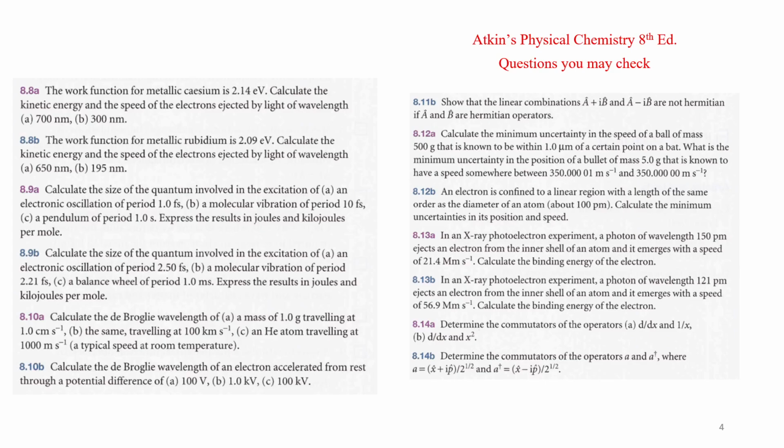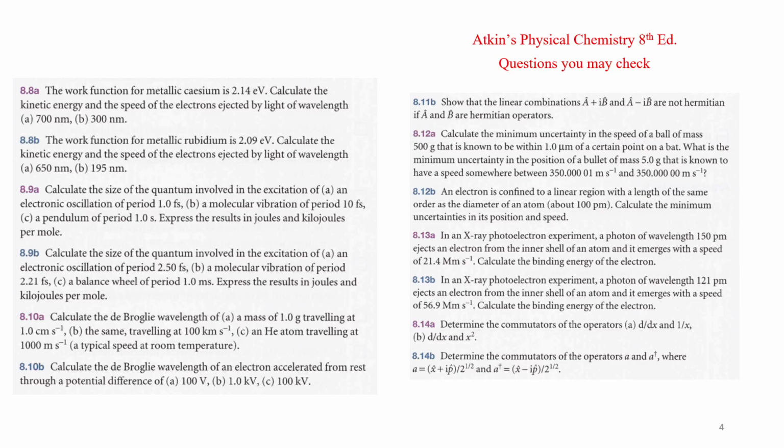So the second part, 8.9b, is the same question, right? Calculate the size of the energy of the quantum with this electronic oscillation, molecular vibration, and a balance wheel of 1 millisecond. From there, what we can understand is that when the period is increasing, the frequency is decreasing, right?